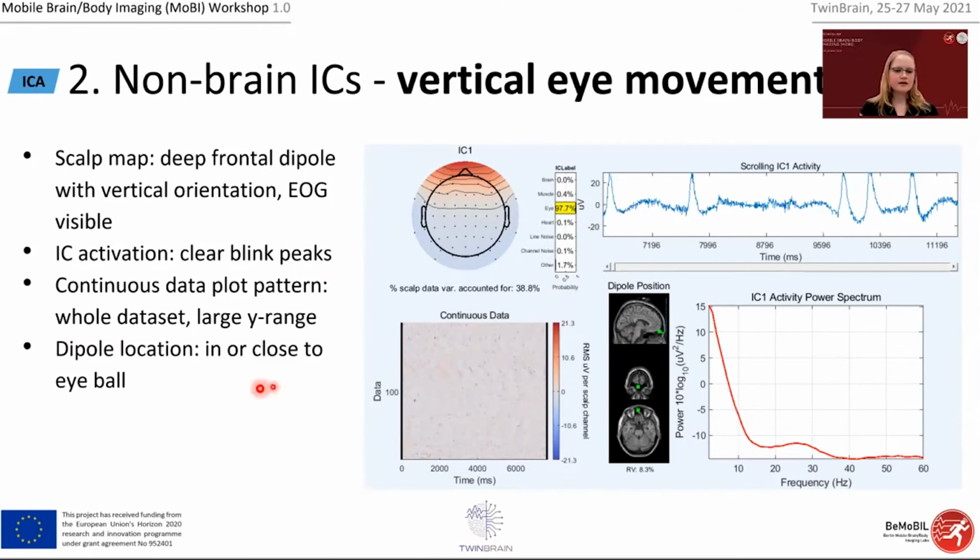And the dipole is located frontal, and usually it would be more towards the eyes, but as the underlying model just uses brain locations, it is the brain location closest to the eyes.